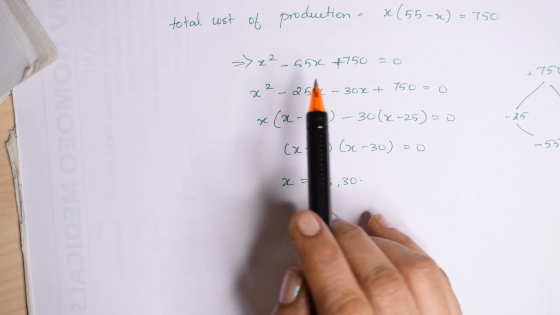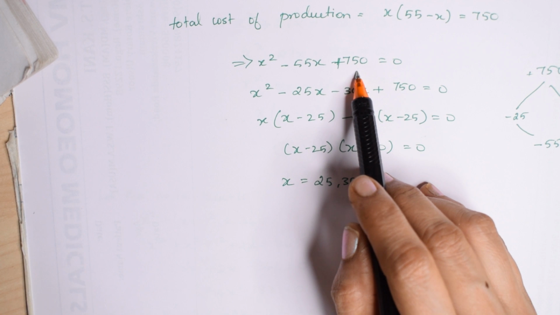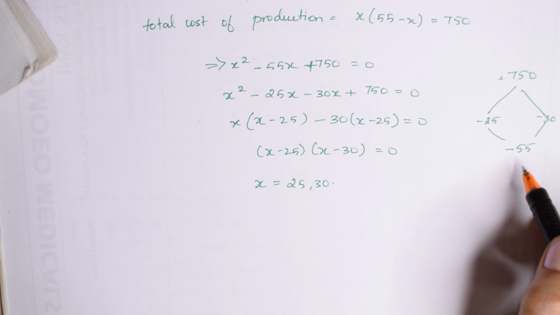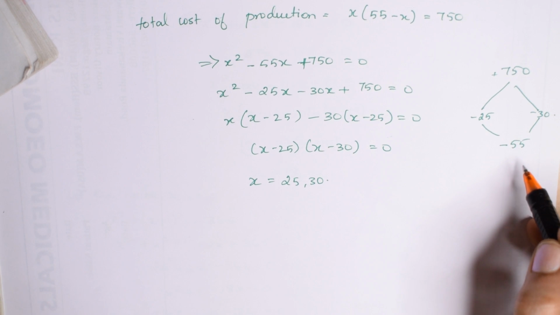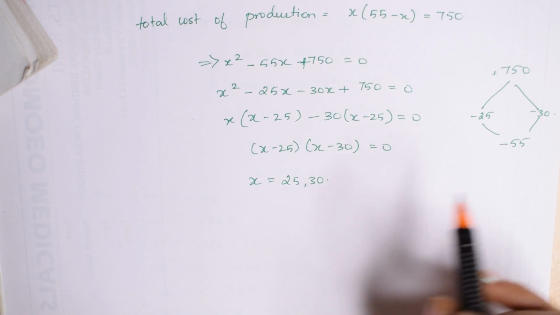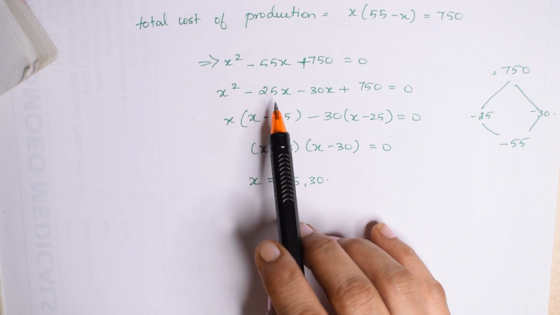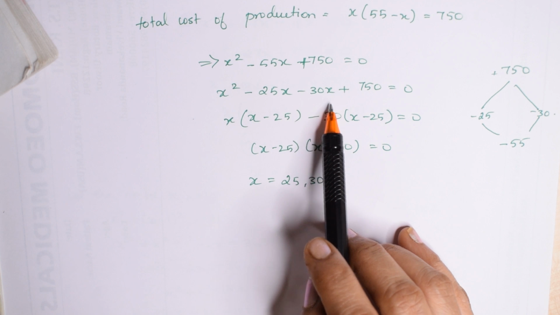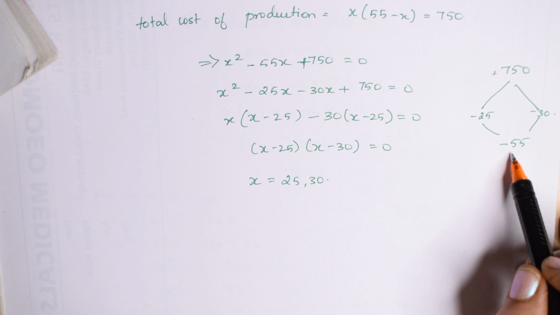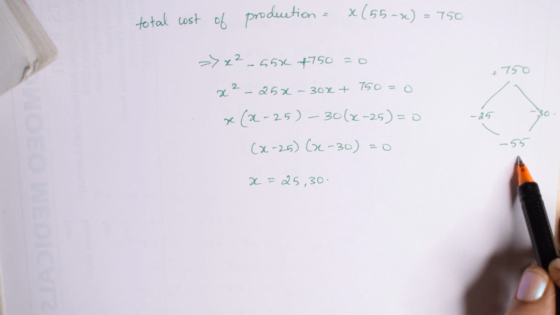The product of the two terms should be 750 and the sum of the two terms should be minus 55. When I split, I get minus 25 and minus 30, because the product is plus, so both numbers are minus, only then I can sum it up as minus 55.